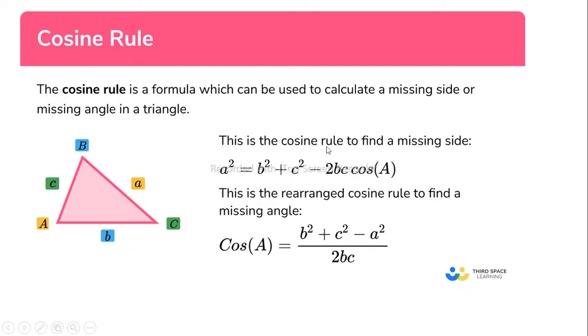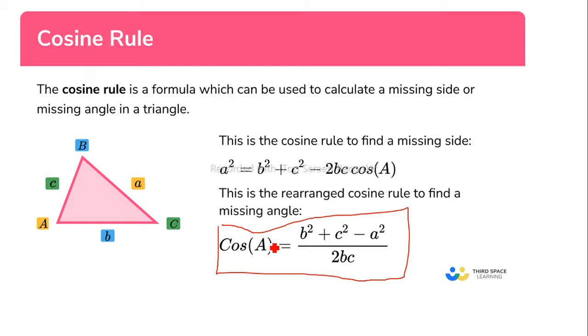Like they say here, this rule is used to find a missing side. The first one, if we're missing a side, we could find it using this formula. But the second one is the rearranged cosine rule to find a missing angle. So if we're missing an angle, we can use this formula to figure out the given angle.